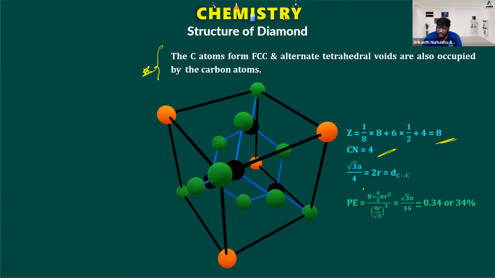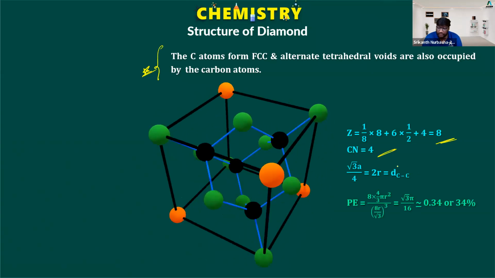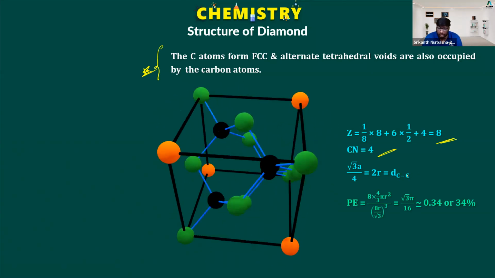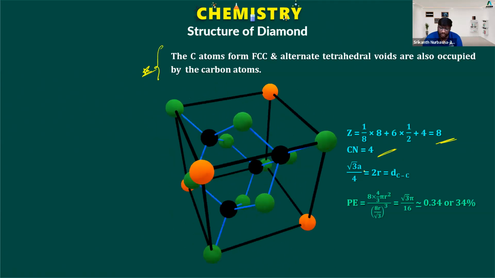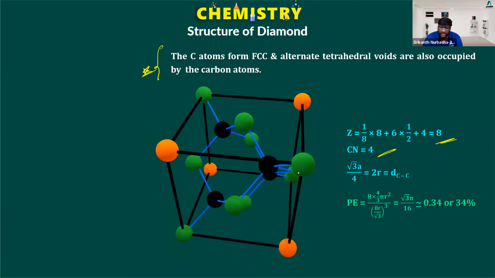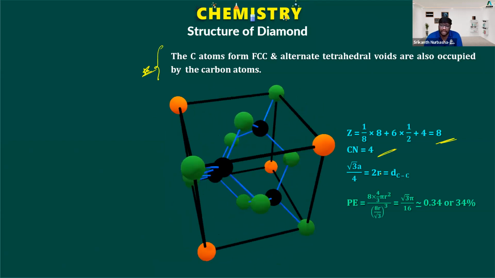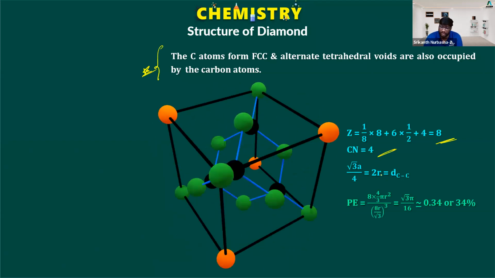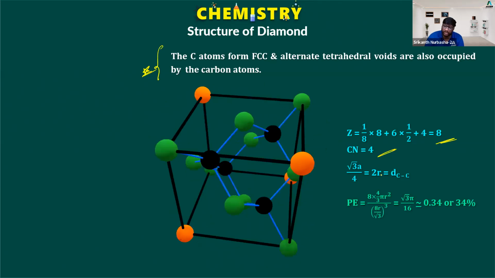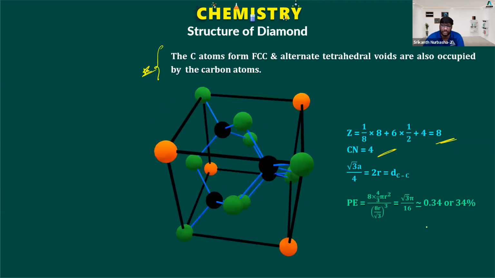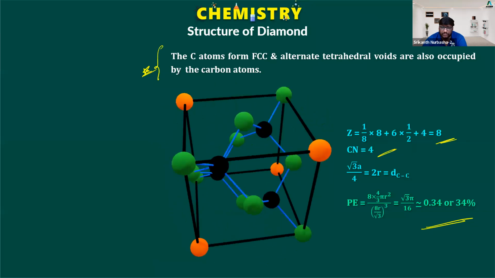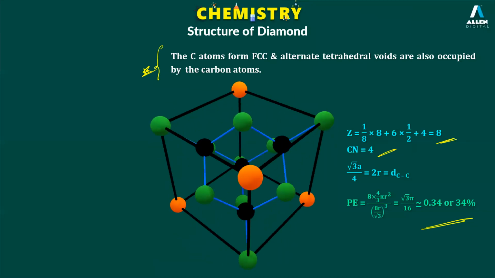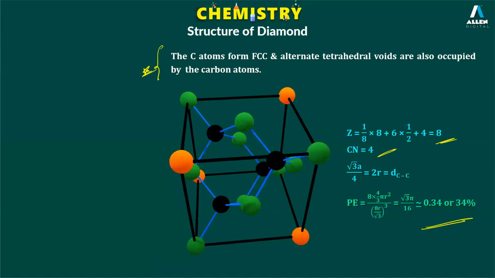Root 3a by 4 is equal to 2r, like the distance between the cation and anion. But here cation and anion are not there, both are carbon atoms. From there you can find the packing fraction as 34%. Is that clear, students? Yes, sir.